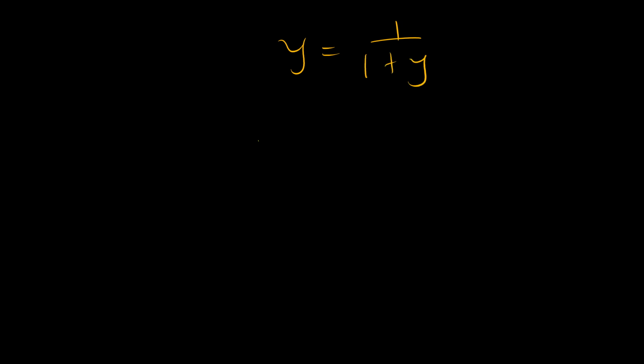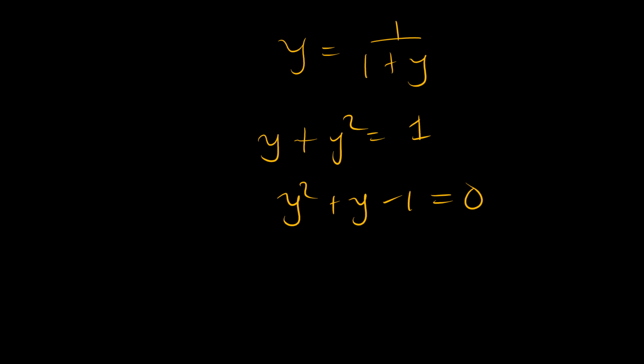And that becomes y plus y squared is equal to 1, and so y squared plus y minus 1 equals 0. We can use the quadratic formula, but we have to be cognizant of the fact that y is positive.